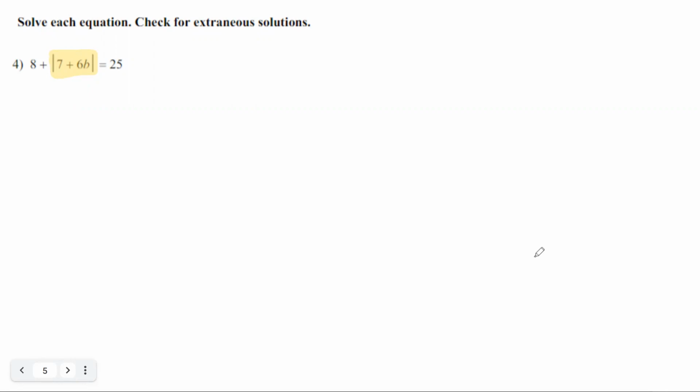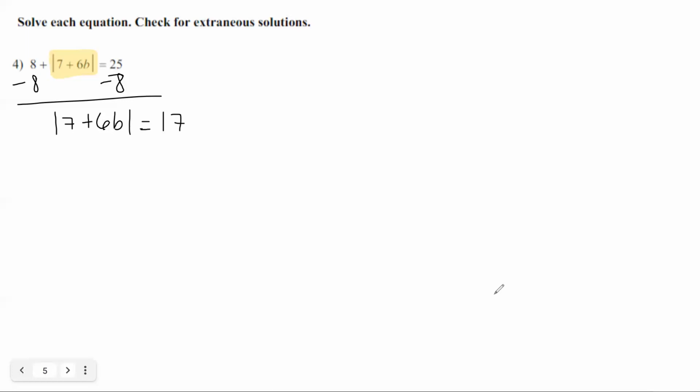So let's undo this 8 right here. To undo a positive 8, we'll just subtract 8. We have the absolute value of 7 plus 6b is equal to 25 minus 8, and that gives us 17.